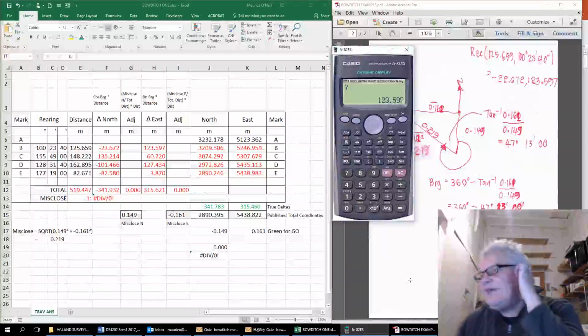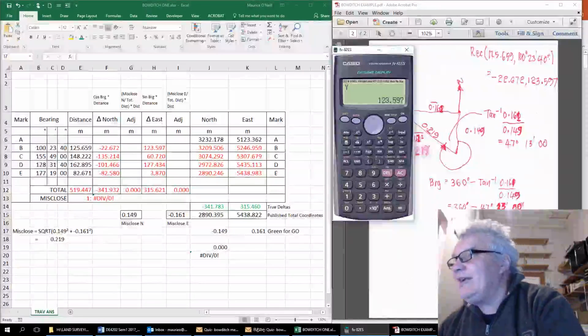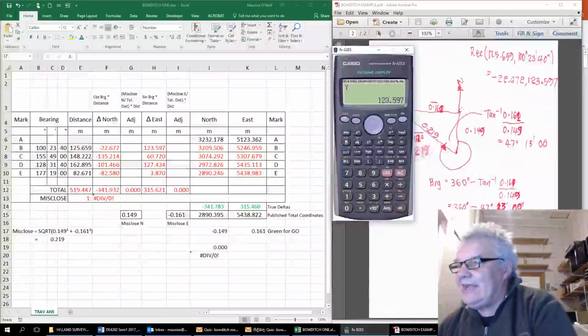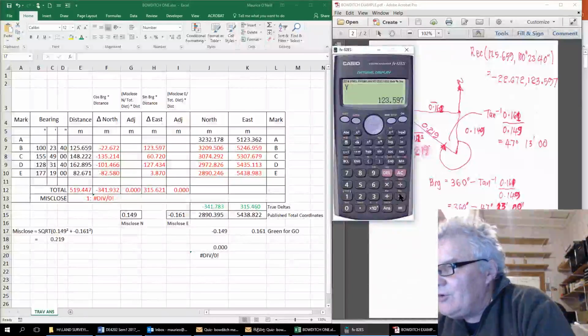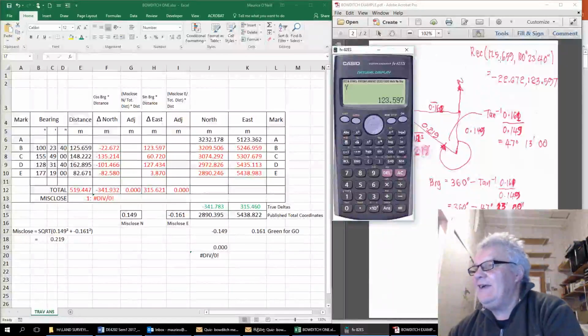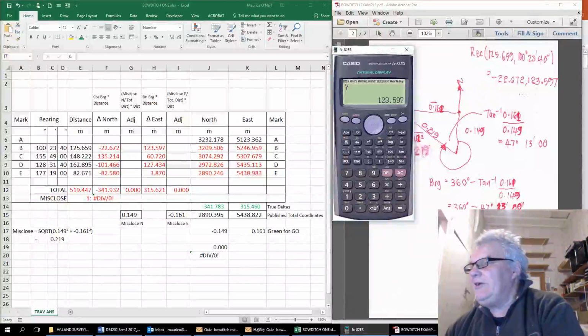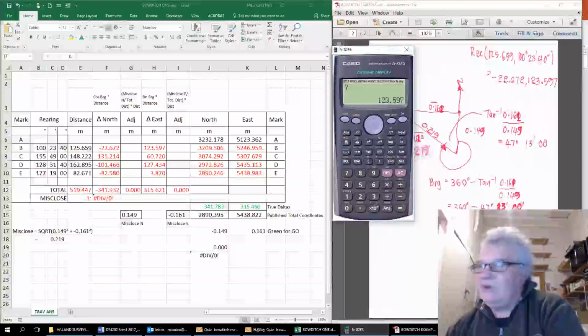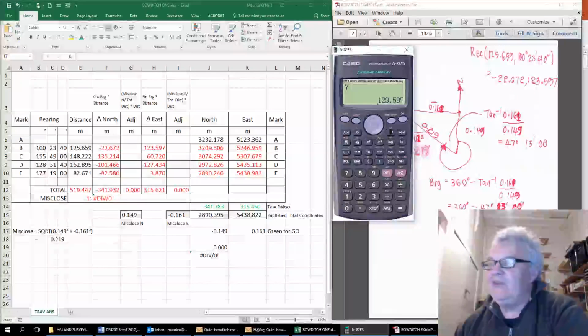So that's another way of doing it, and I've written it up here, as you can see. So it's REC, which stands for rectangular, and it's the distance and the bearing, the other way around to what I did before, and it'll give you the values.